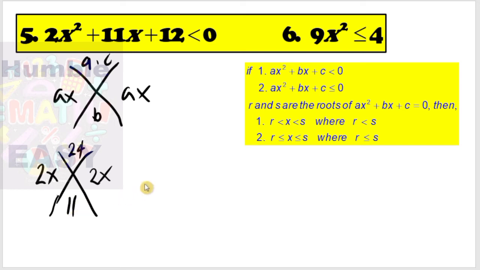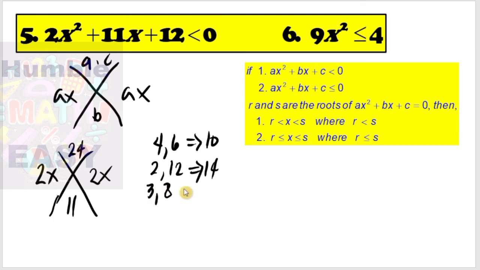So here we're looking for the factors of 24 wherein the sum is 11. So let's say 4, 6, its sum is 10, right? 2, 12, the sum is 14. Another one is 3, 8, the sum is 11.